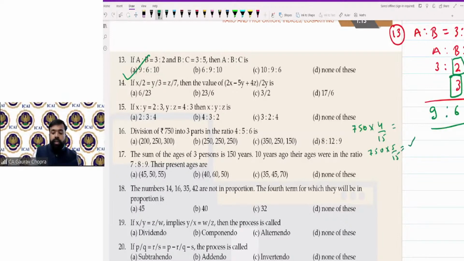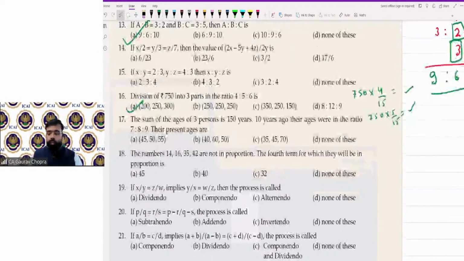So all these three values can be computed in this manner. So we get 200, 250, and then 300. So this was 16th one.